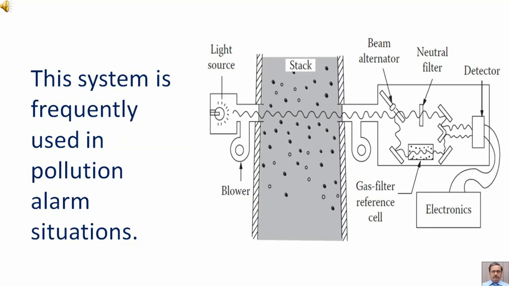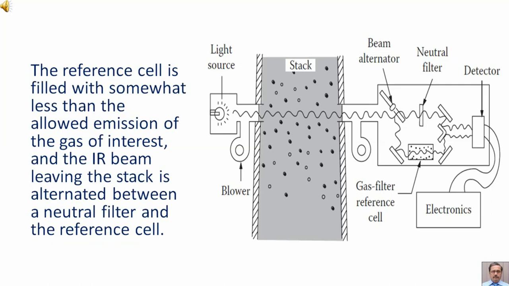This system is frequently used in pollution alarm situations. The reference cell is filled with somewhat less than the allowed emission of the gas of interest, and the infrared beam leaving the stack is alternated between a neutral filter and the reference cell.